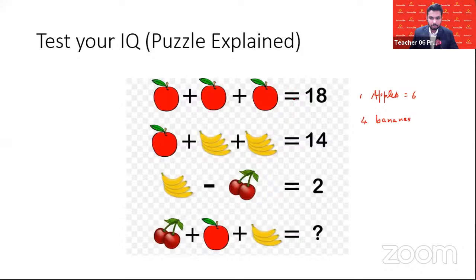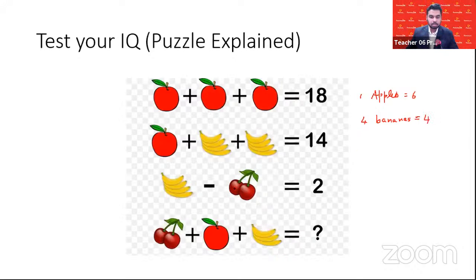Okay, somebody has told 4. Let us verify. Yes, it is indeed 4, because this apple is 6, so 2 sets of 4 bananas is 8. So 1 set of 4 bananas is 4, which is absolutely right.